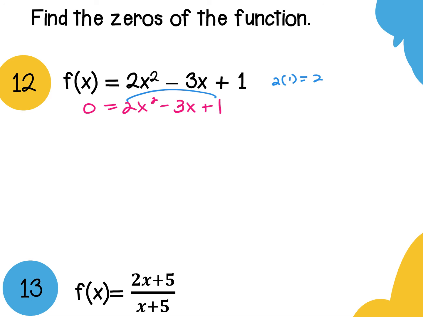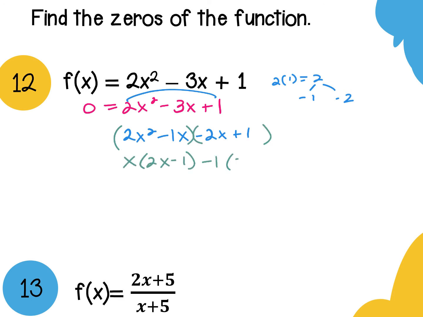Are there factors of positive 2 that sum to negative 3? Negative 1 and negative 2. So 2x squared minus 1x minus 2x plus 1. And then factor by grouping. x times 2x minus 1, negative 1 times 2x minus 1, so 2x minus 1 and x minus 1, and then split and solve.